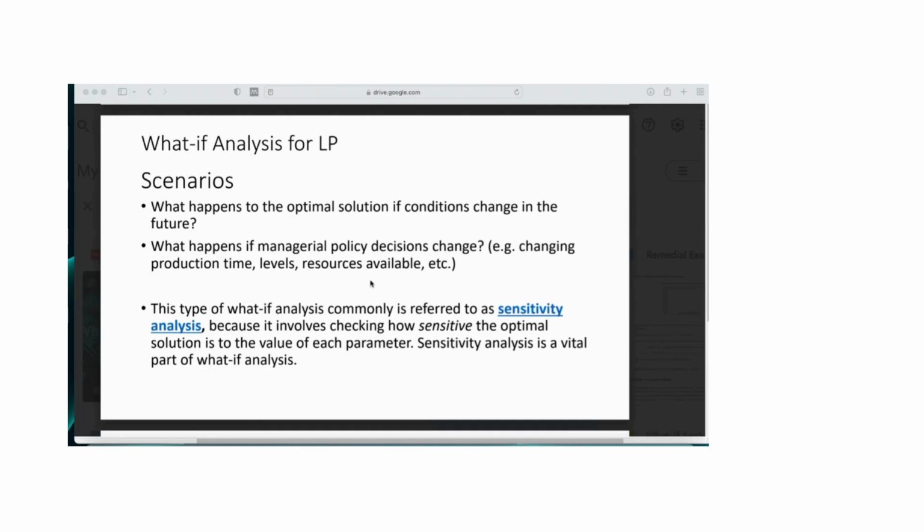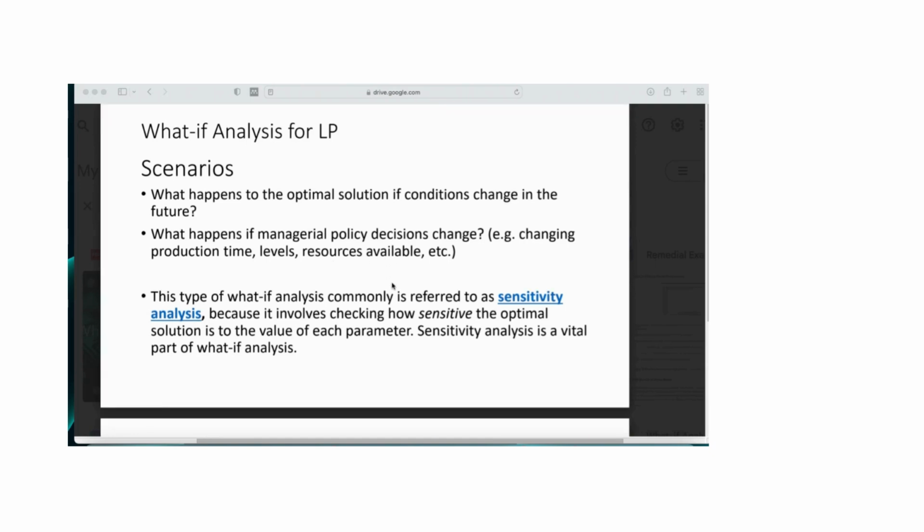If any of these resources or raw materials were lessened, we want to see if there will be an effect on the optimal solution of 400 and 1,000 units to produce. So that's exactly what we want to find out: if there will be any change in the optimal solution for a given change in any of these numbers. And these numbers are actually what we call parameters.